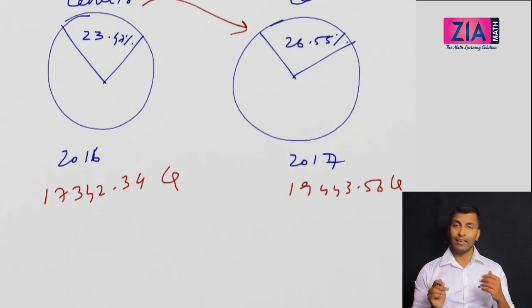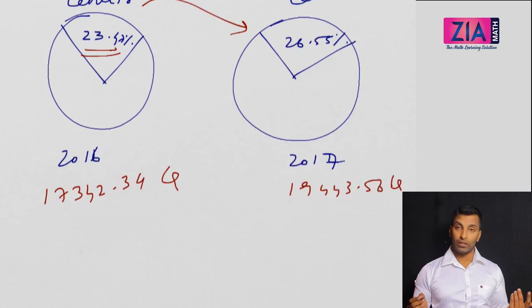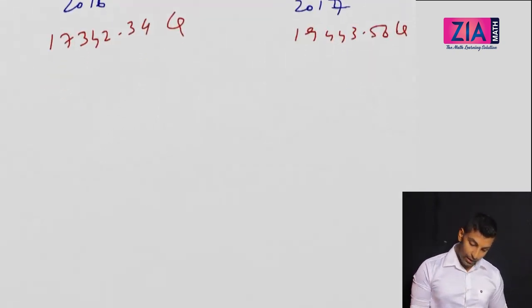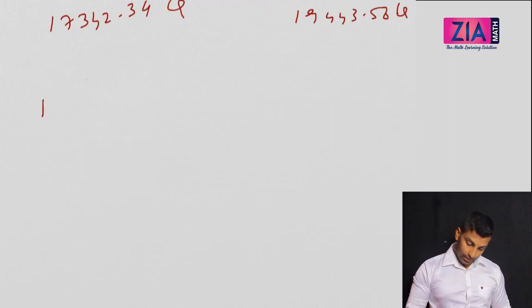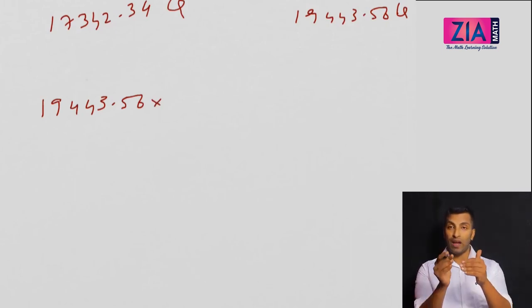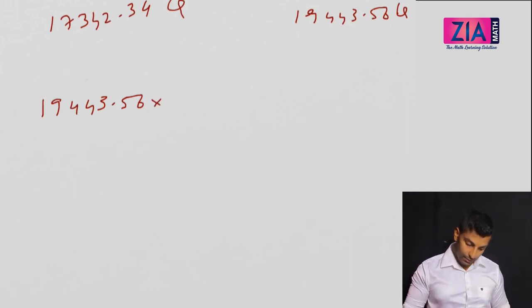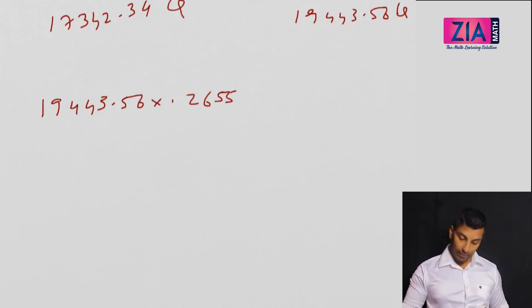So how will you get the share of Celerio in the total revenue? It is given 23.47, right? So here 26.55. So we need to calculate 19443.56 into 26.55 divided by 100. So I can write it as 0.2655. That's in the year 2017.